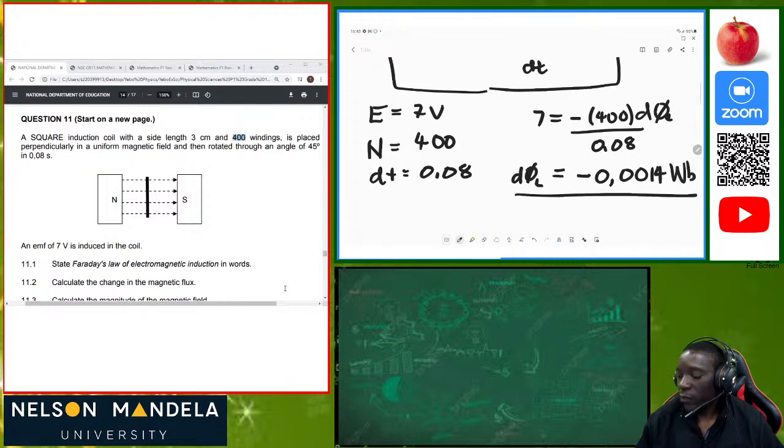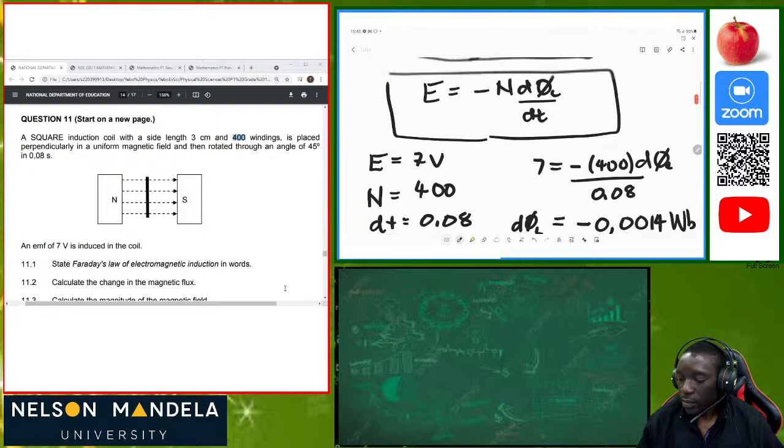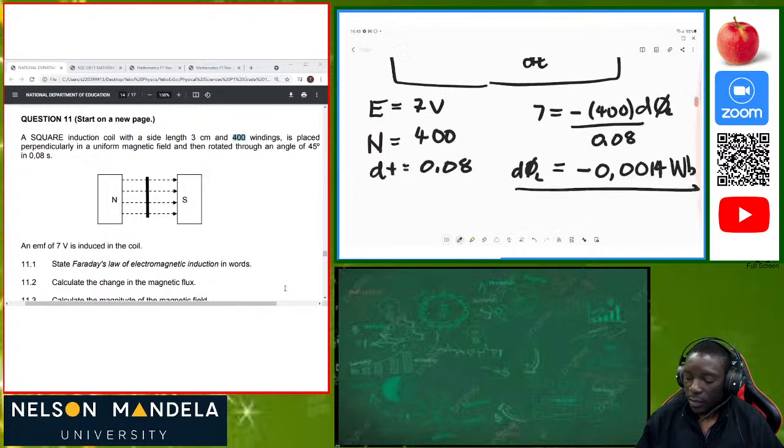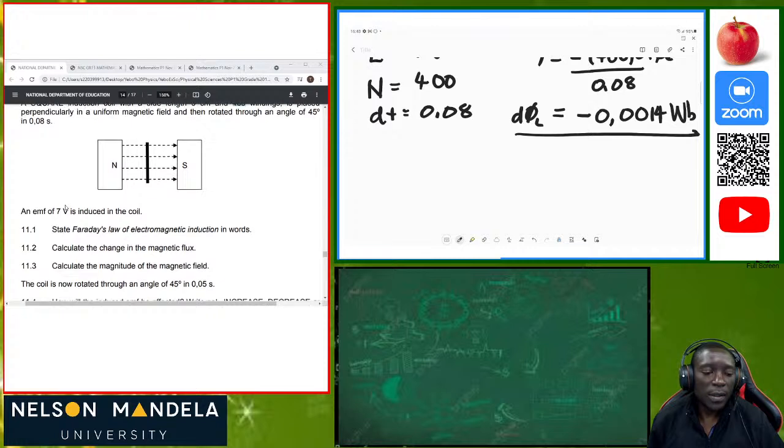The units for flux are Webers. So this is how we determine the change in the magnetic flux.